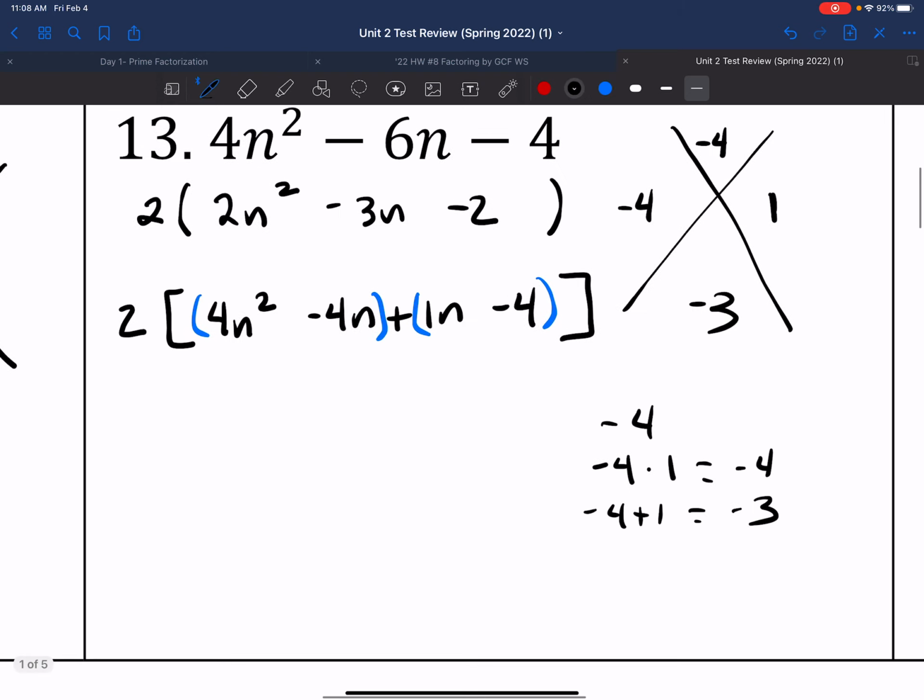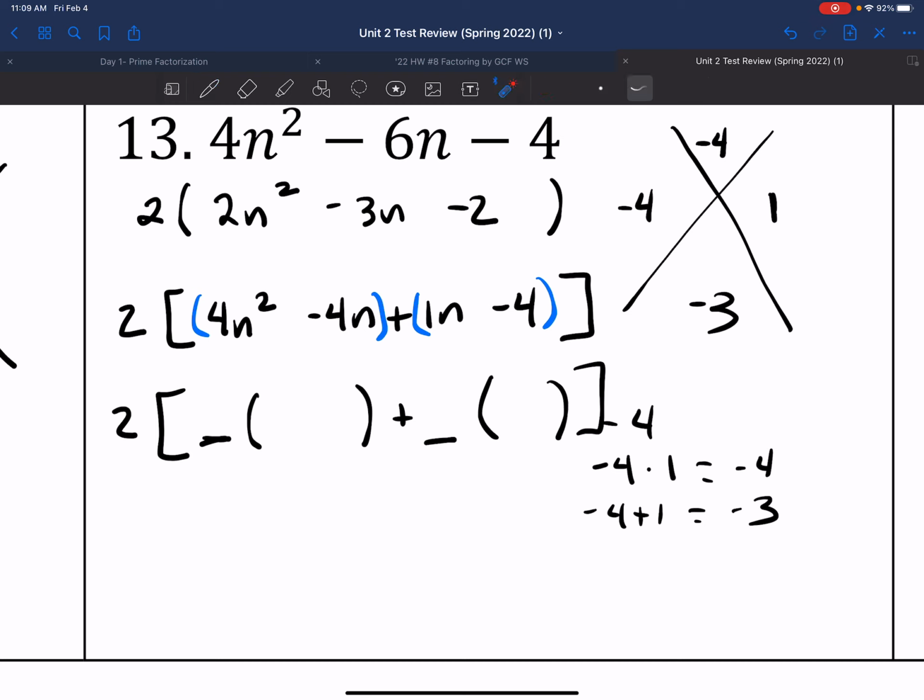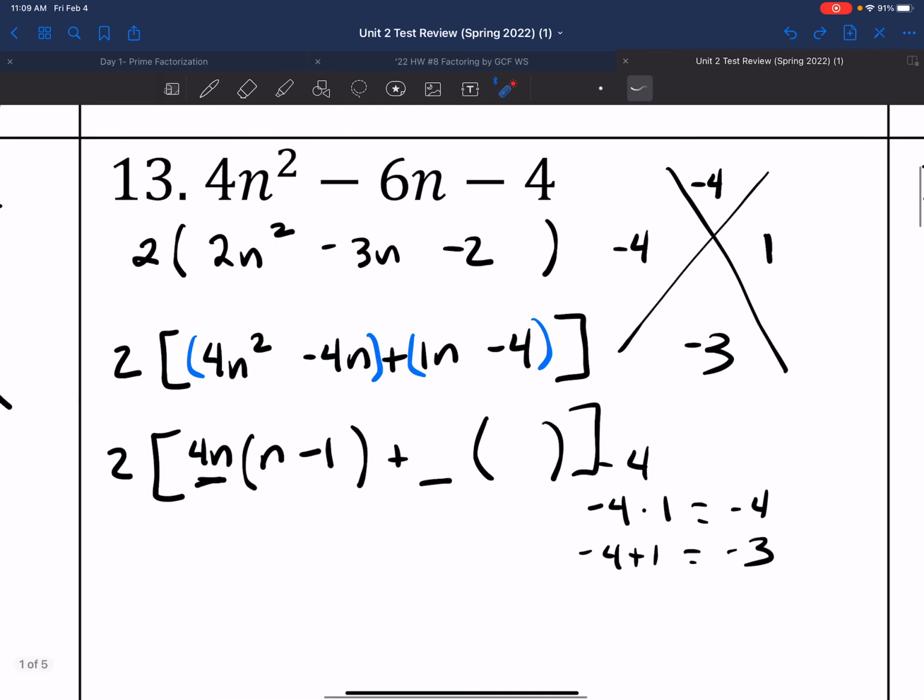So then I'm left with 2. And I need to figure out, okay, what is the GCF here? Well, it's just going to be 4n. So I'm left with n minus 1. And then what's the GCF here? Well, what did I do? I think I made a mistake somewhere.